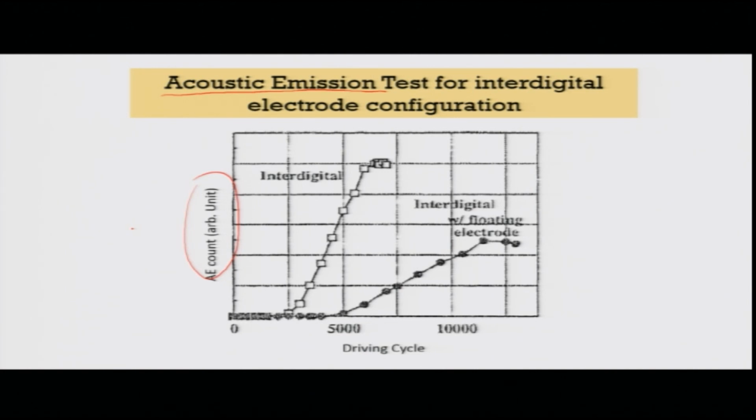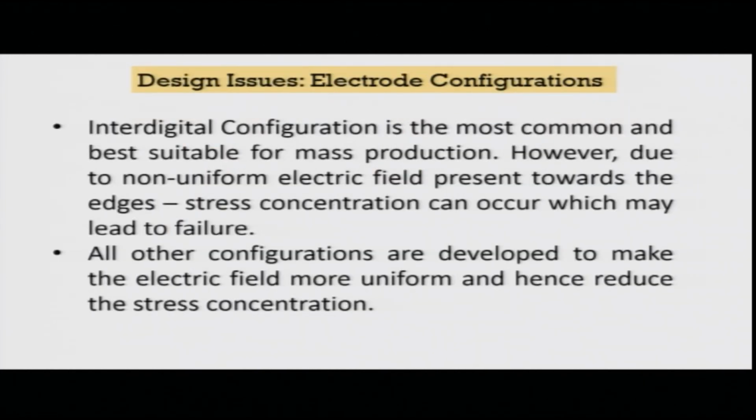If the interdigitation is done, you would see one pattern, and in the other case, if there are floating electrodes, you would see that the acoustic performance is different. That is how you can check the level of interdigitation that has happened in the system.